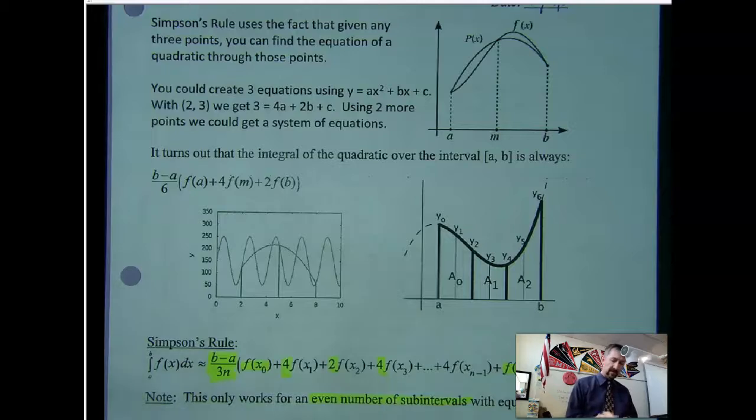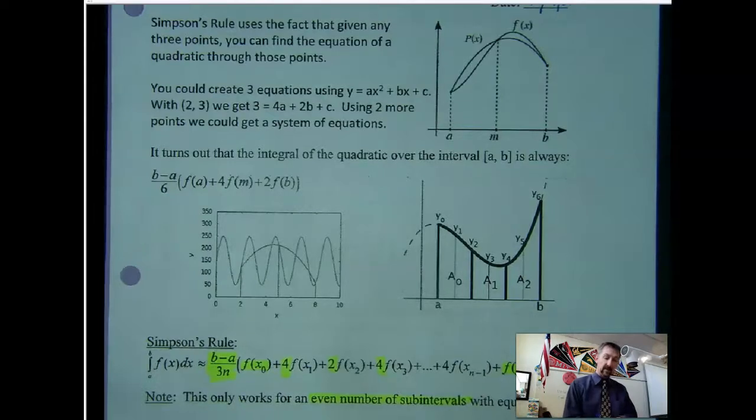So if we want to find the increment that we're going by, we're going to take 2 minus 0 over 4, and that's going to be 1/2. So this next value is going to be 1/2, and then 2 times f of 1, and then 4 times f of 3/2. And then now we're back to the end, and so that's going to be f of 2.